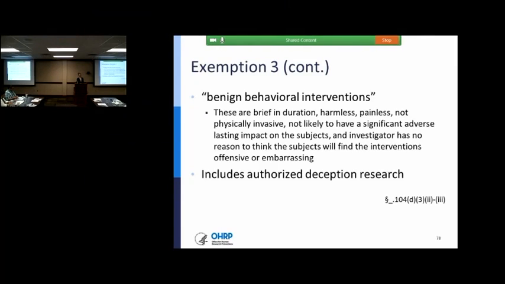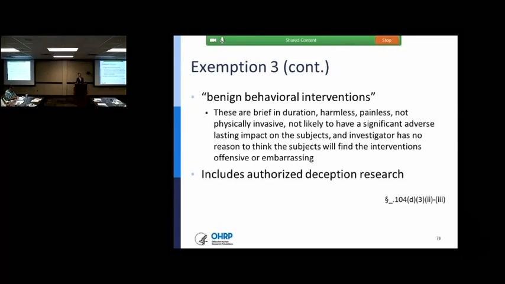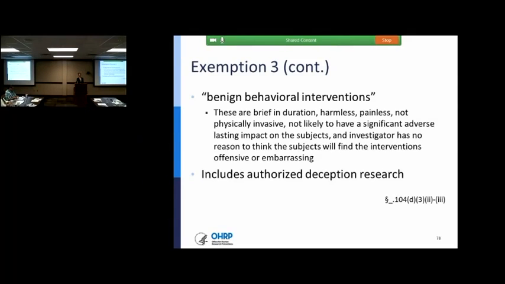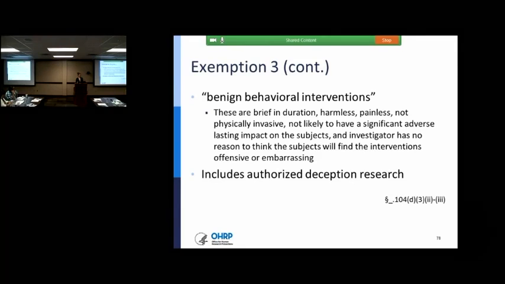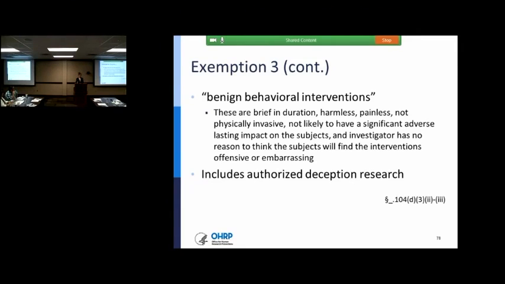And so that's going to require additional work down the road to try and set out some more specific parameters for what that means. And then also just to note that this exemption can include authorized deception research, right? So as long as the participant is told in advance that they may not be told everything, like a full disclosure about the particular study or why it's being done, then it might still be okay to use this exemption.